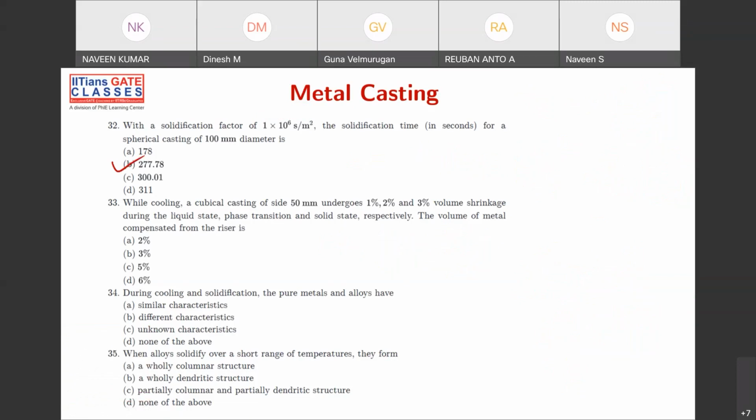Third, 33 answer. Okay, Mohammed is B. Naveen is again B. What about others?